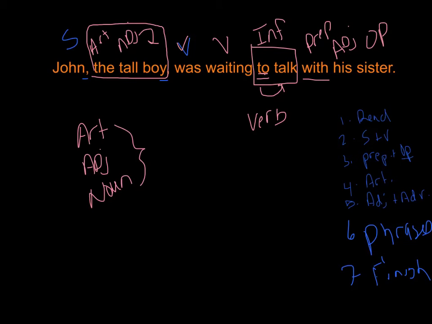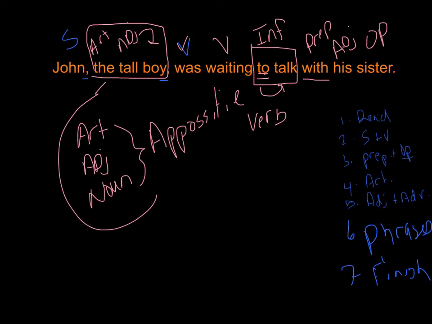An article, an adjective, or a noun that starts a participle. So this right here is a participle because it's modifying without using the usual preposition. John. That whole thing is describing John.